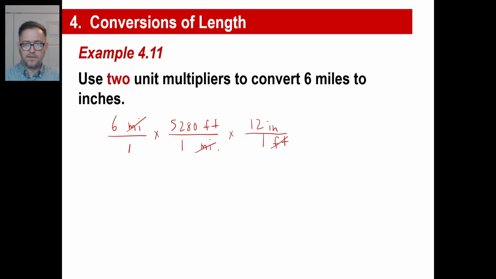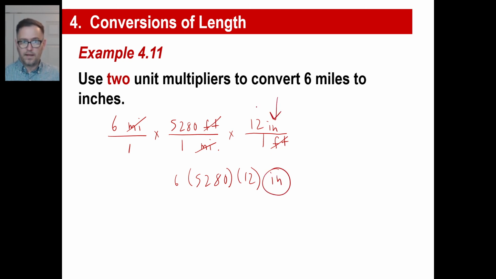So feet and feet cross out. Okay, now we have inches. That's what we want. And the actual arithmetic will be 6 times 5,280 times 12, whatever that is. It's 72 times 5. You can do the arithmetic if you want to, but that is a lot of inches, and the only unit that's left is inches, just like it is right there. Okay, so we're done with that.